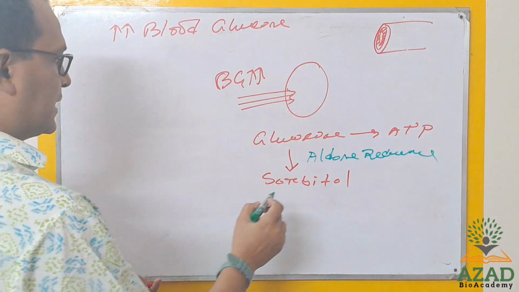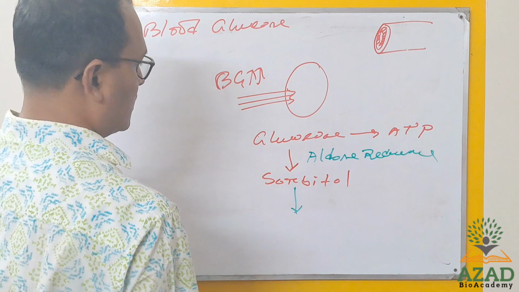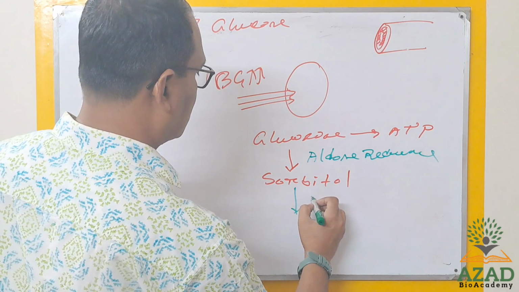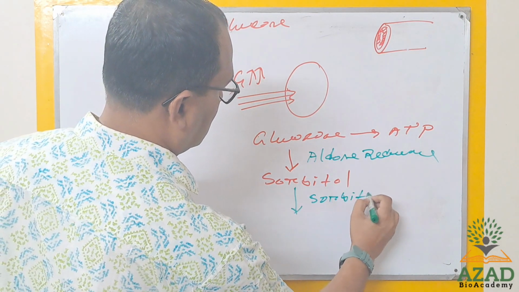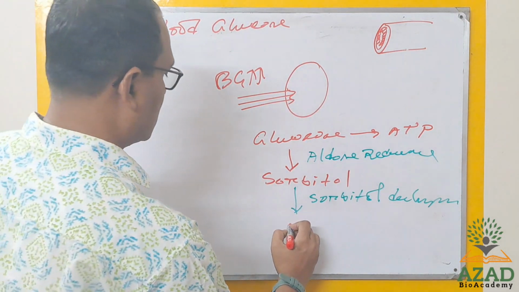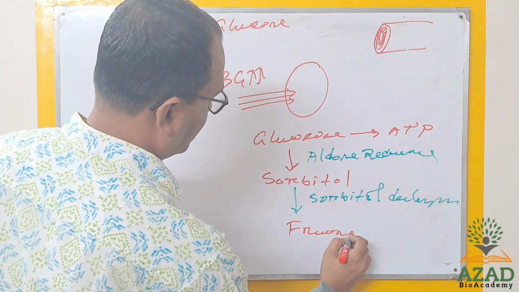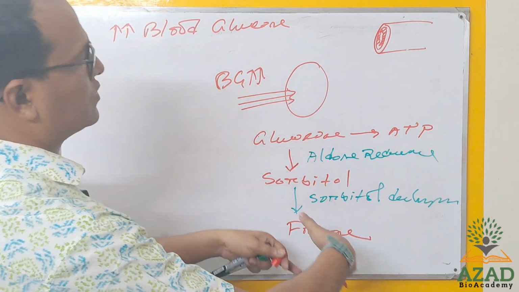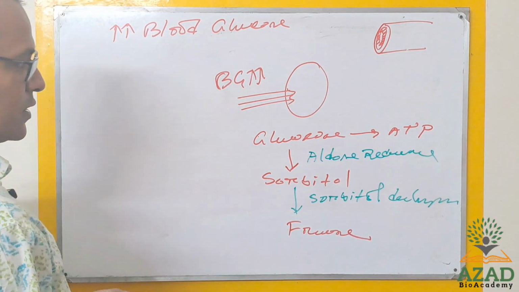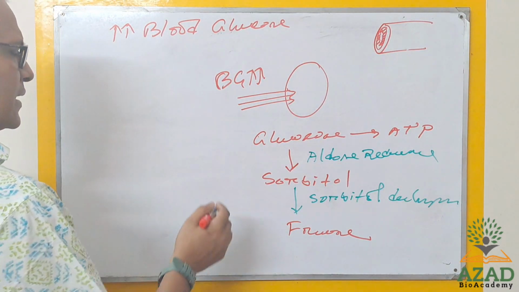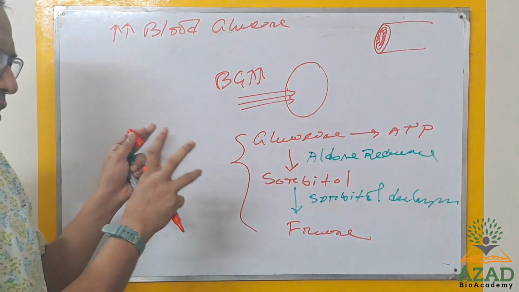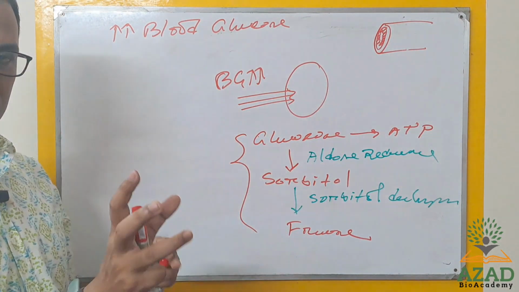Then, by the enzyme sorbitol dehydrogenase, it will produce fructose. That fructose can turn into glucose or other things that enter the metabolic pathway and produce energy. This process is also normal. In the normal range, it can happen within the cell.